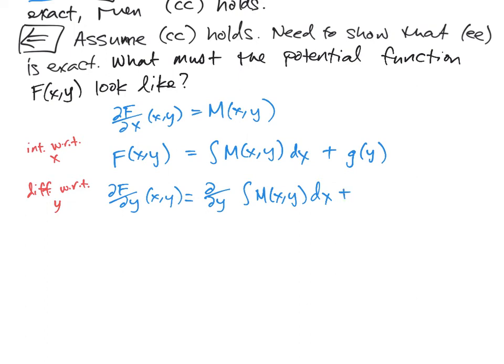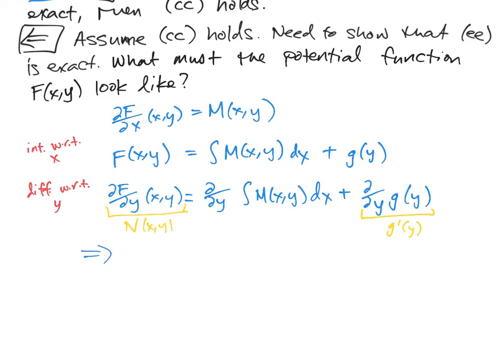But then when we take the derivative with respect to y of g of y, that just equals g prime. So I'll write it like this to be clear for right now. So we know that this thing is g prime of y, and then this thing is N, because we're looking for a big F that makes our equation exact.